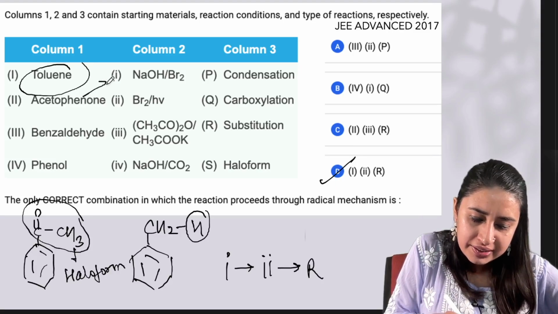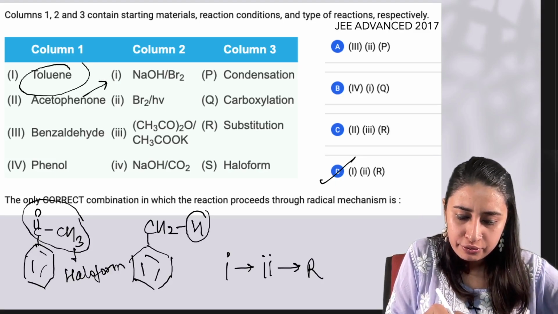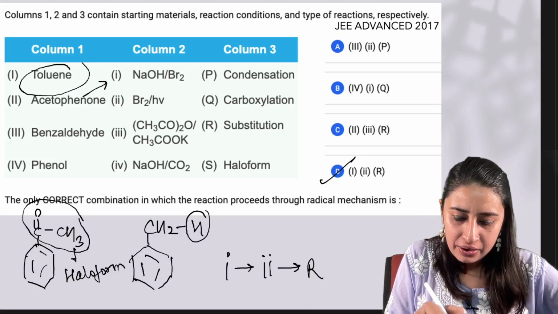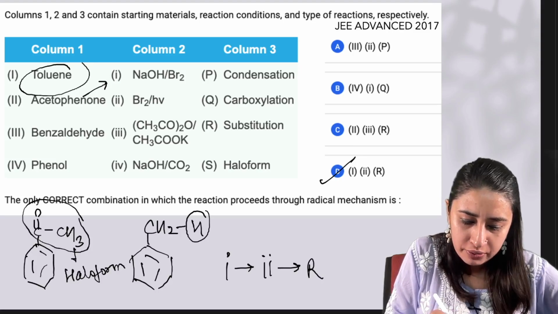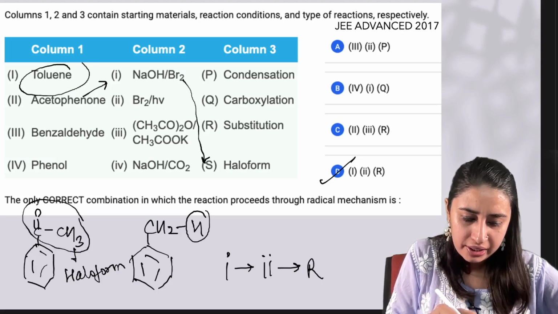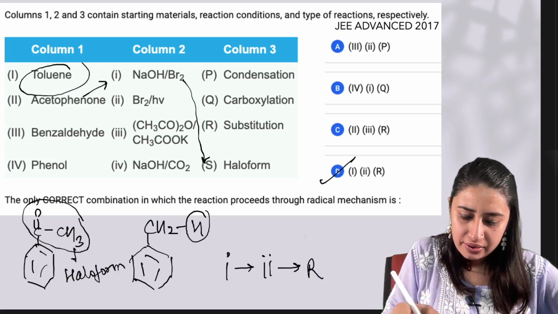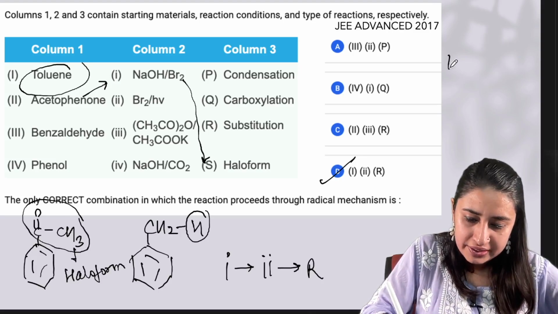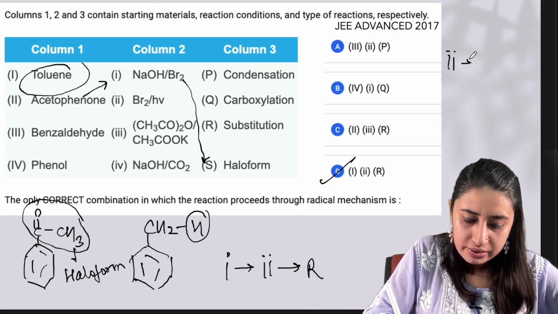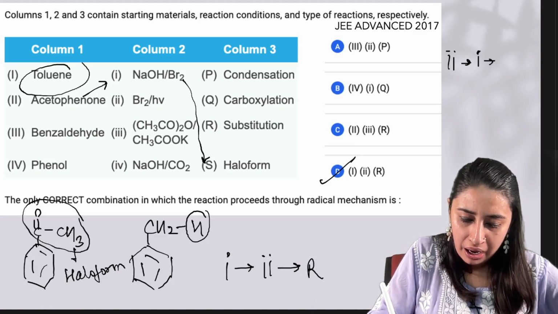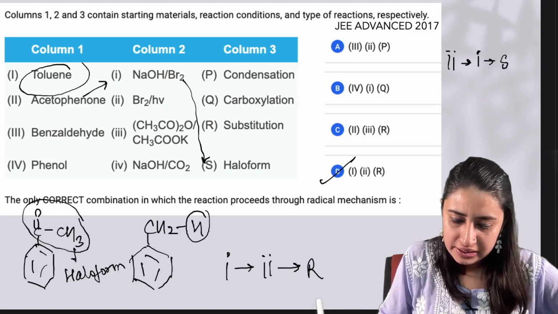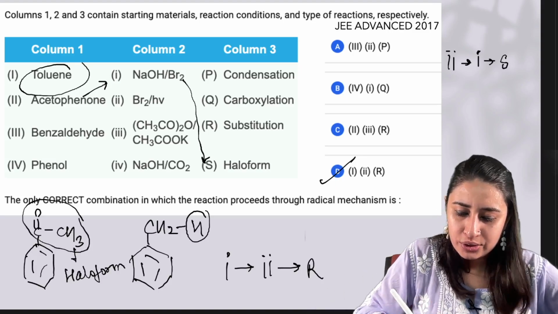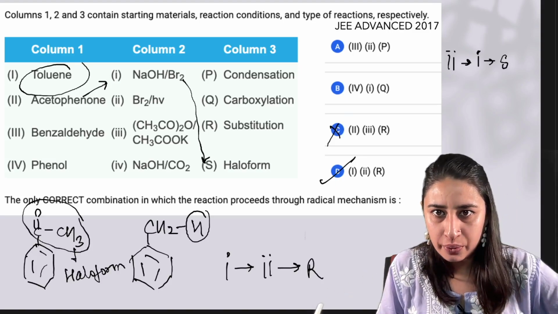So yes, with second we'll go with first from column 2, and this is nothing but haloform. So we'll go with S. Another one is down, which is with second we will go with first from column 2 and we'll mark haloform. So second, first and S. So C cannot be your answer any which way.